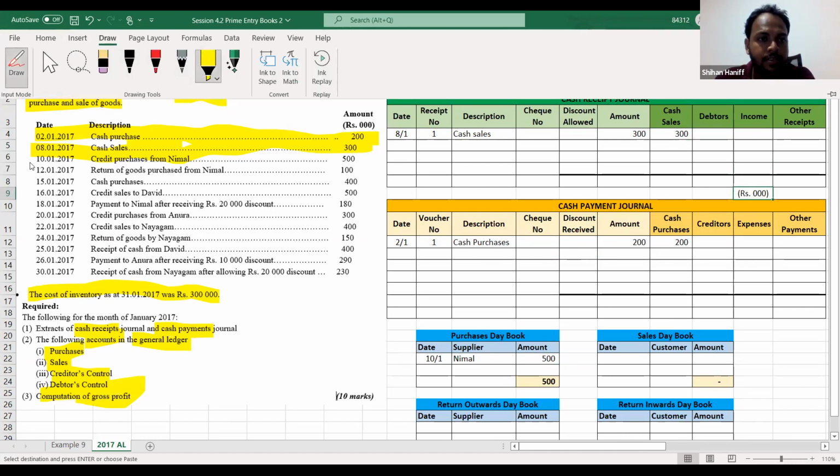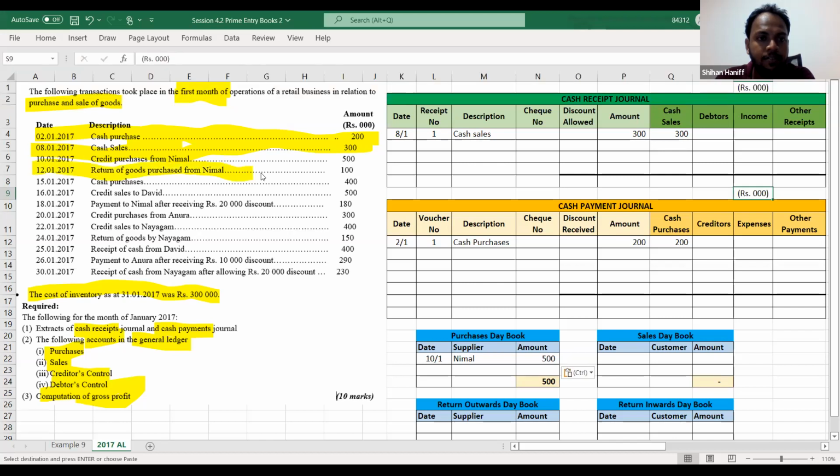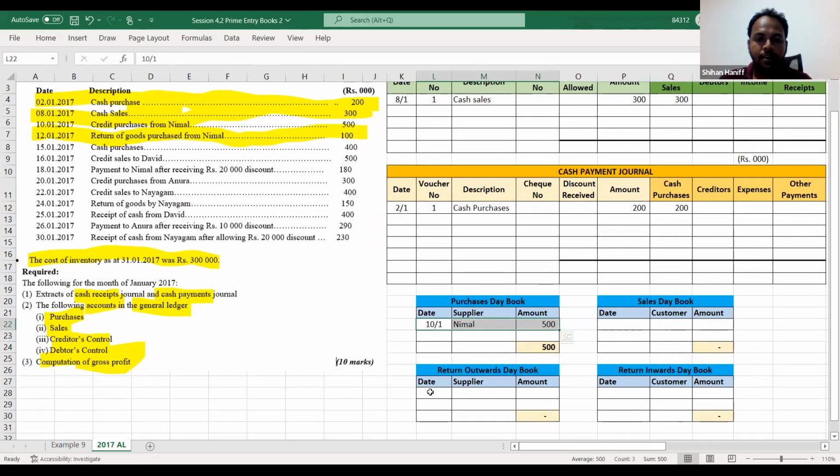Then the next transaction, return of goods purchased from Nimal. What we purchased, we are returning. So it's return outwards. We are sending back to Nimal. Return outward journal, 100,000.